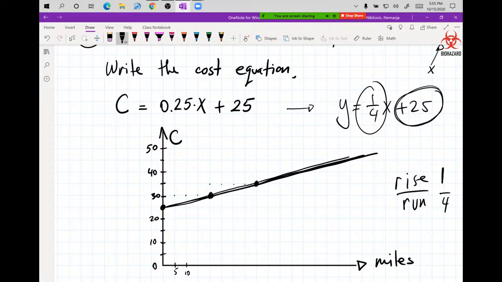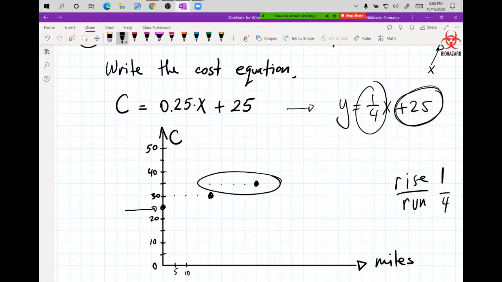I first went from 25 up 1 to 30, and then went 4 over, right? And then you did it again? Again, yes. And I can do it again if I want to. You can do it as many times as you want. Oh, okay, so the second set doesn't have to be there. Two are enough. I just wanted to make sure that you all understand that you go 1 up and then 4 over. That makes sense? Yes.